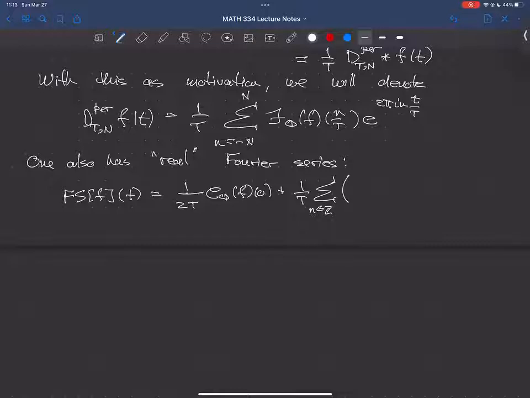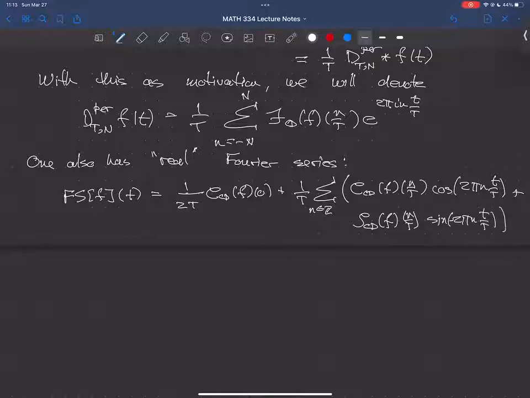So I'm going to get the cosine transform of f at n over T times cosine of 2 pi n t over T, plus the sine transform of f at n over T times sine of 2 pi n t over T. Right, and the reason I wanted to write that down was to point out why I'm never going to write it down again.